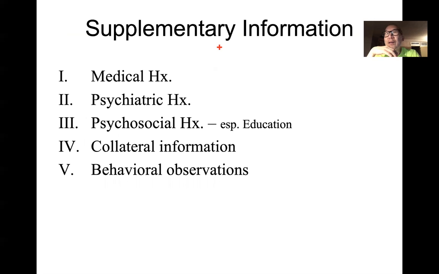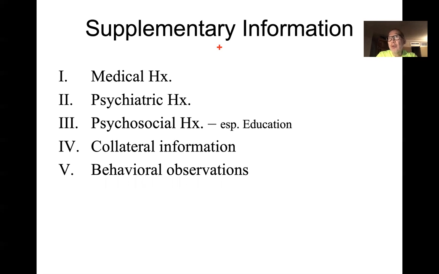Alrighty, and finally, what is part and parcel of a neuropsych assessment is collecting supplementary information. That supplementary information, which may make a world of difference in how you interpret scores, includes getting a medical history, psychiatric history, including treatment, medications, and so on, and psychosocial history, especially education.